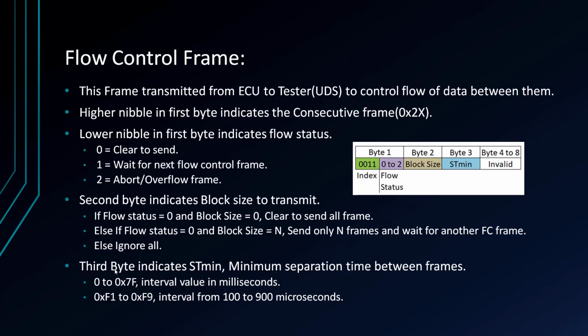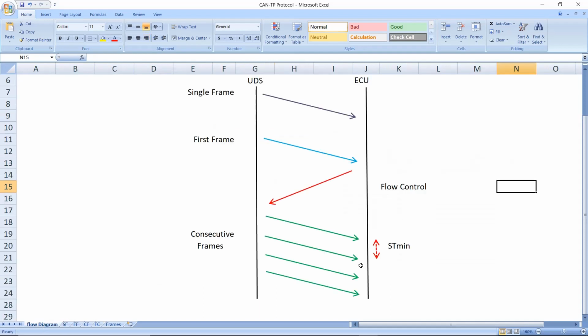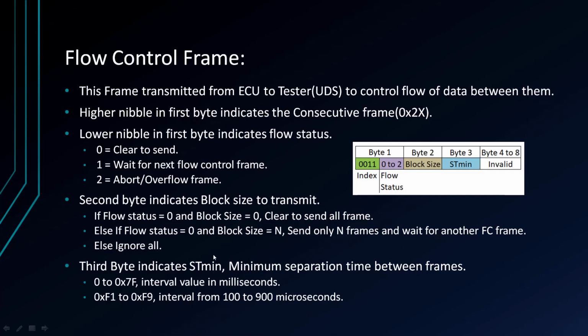So this STmin is used when we send the consecutive frames. It indicates just wait for this period of time and then start sending, so that the ECU can process the data and do the operation. A value from 0 to 7F means it is in milliseconds, so wait for this many milliseconds and then send a consecutive frame.